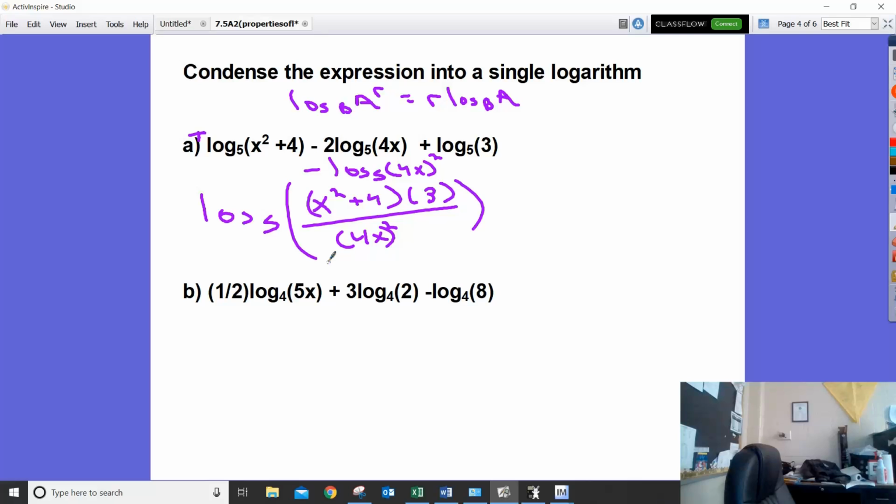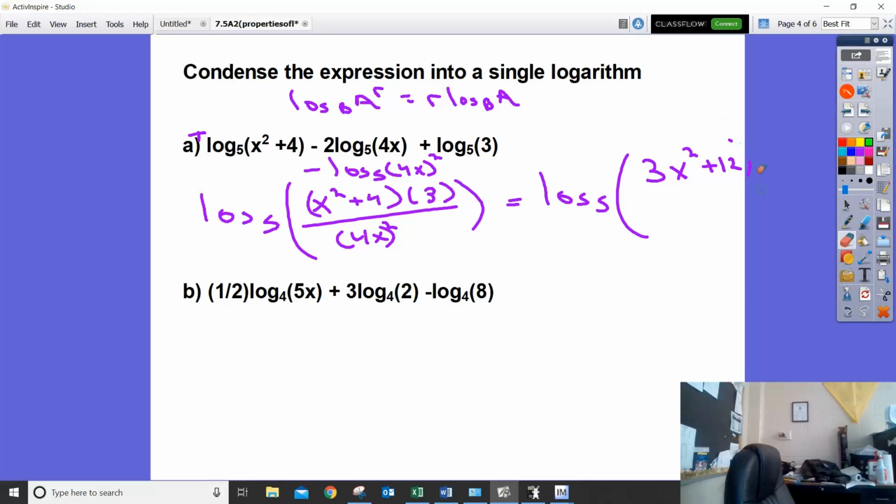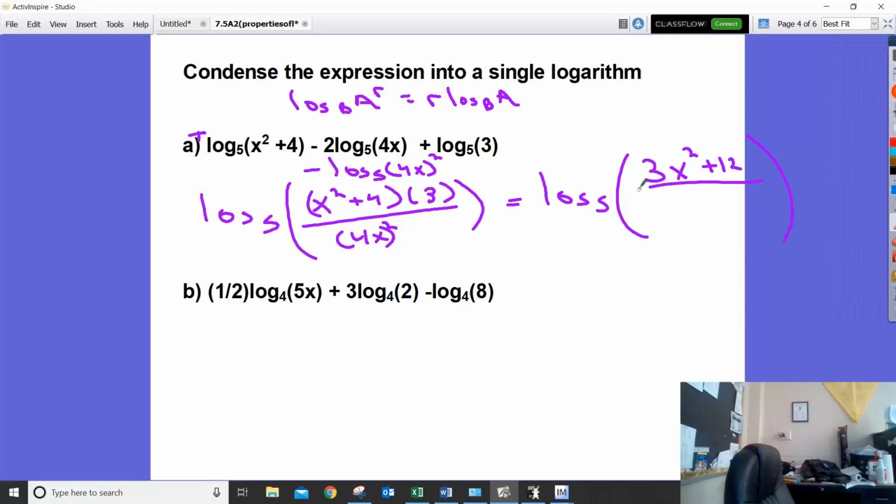That's always one of the things that gets kids. All that simplification. What is 3 times x squared plus 4? 3x squared plus 12. Down low, what do you get when you square 4x? 16x squared.